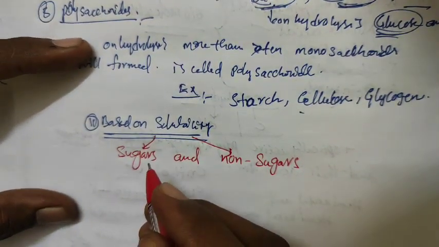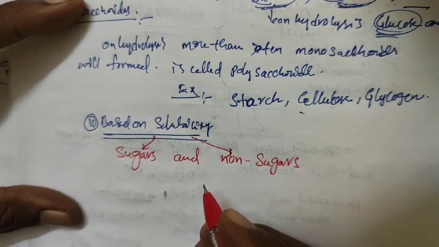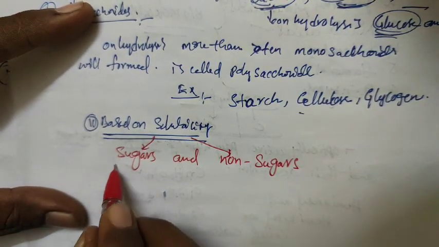What is sugars? Both monosaccharides and oligosaccharides are crystalline solids.